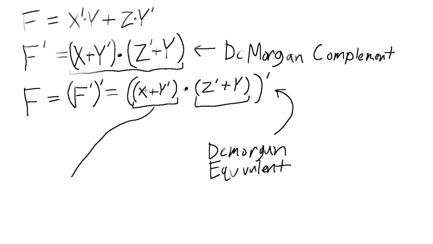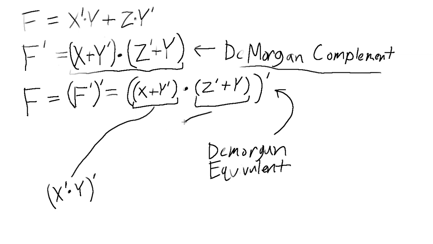The DeMorgan equivalent, first we need to do DeMorgan's complement. So to find our DeMorgan complement, it's going to be x and y, and then we need to have a prime on our x. So that's our complement. And now to get our equivalent, we need to put parentheses around it and prime it. So now we've got an AND gate in this term.